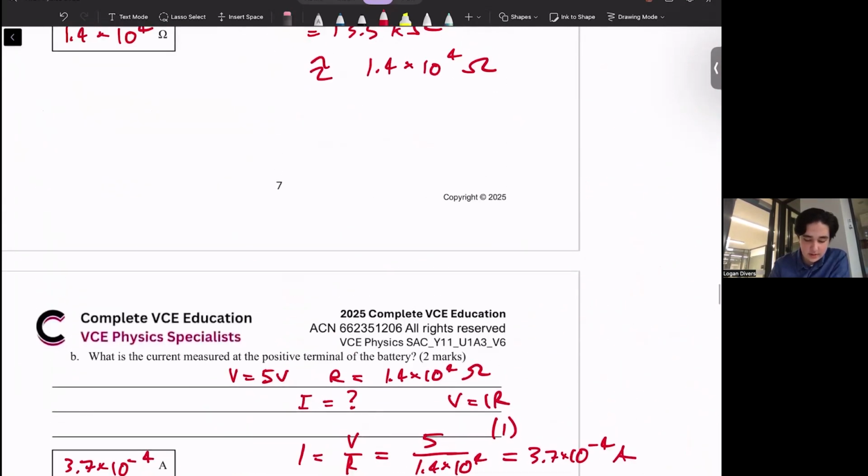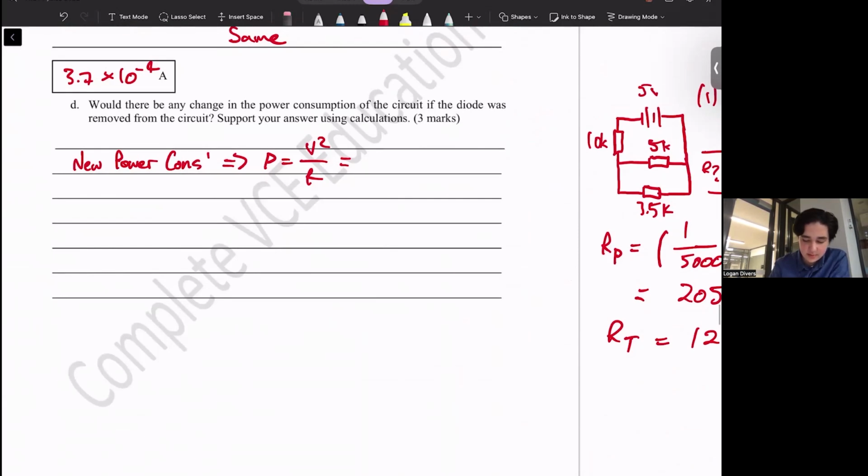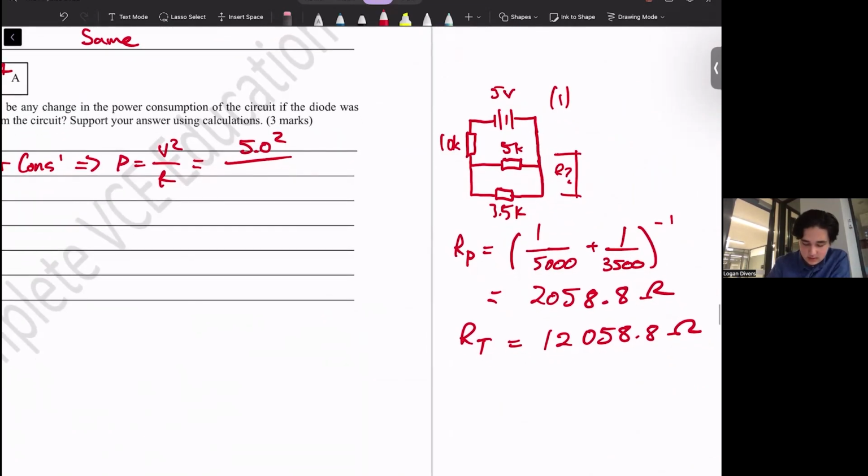So our voltage was 5 volts. So 5.0 squared over 12,058.8. That results in 2.1 multiplied by 10 to the power of -3 watts. So there's our new power.